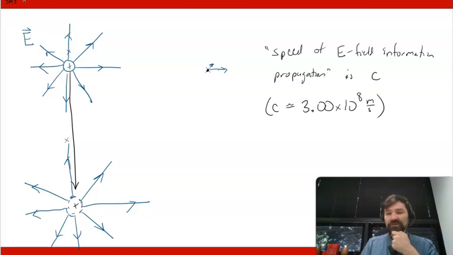Now imagine, instead of just moving this particle from here to here, imagine if I were to have some way of making the particle suddenly move, kind of up, down, up, down, up, down. Maybe I even oscillate it as would happen in an AC signal. Well, that basically means that my electric fields are continually shifting in their direction at each point in space.